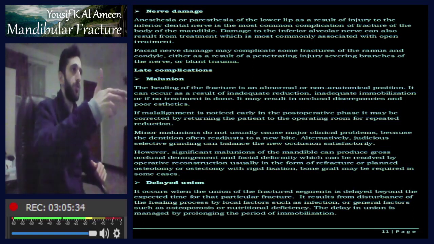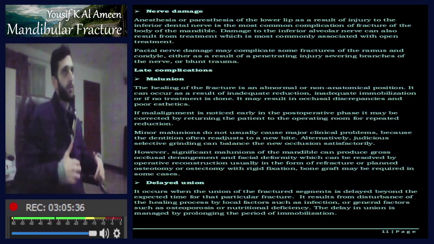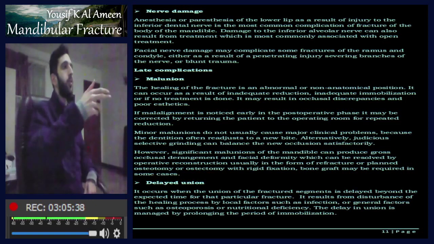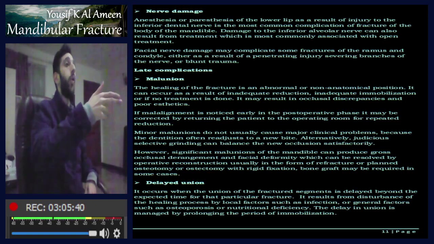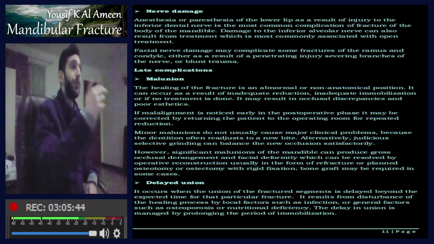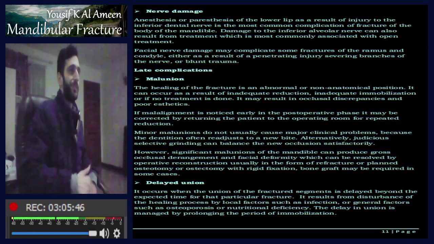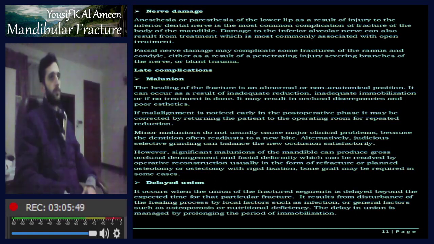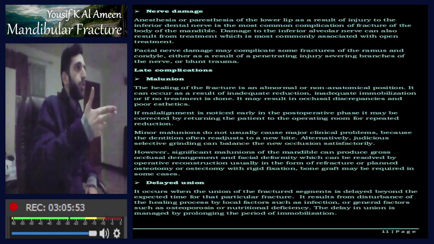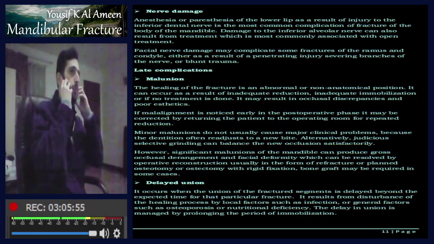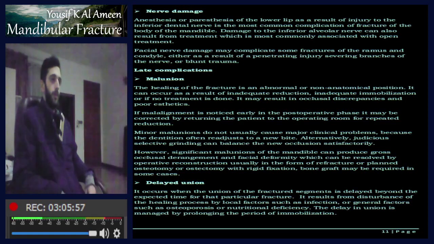It can occur as a result of inadequate reduction, inadequate immobilization, or if no treatment is done. It may result in occlusion discrepancies and poor aesthetics.